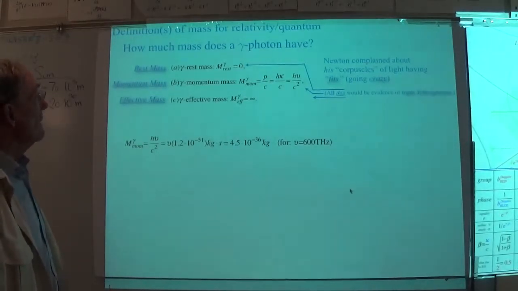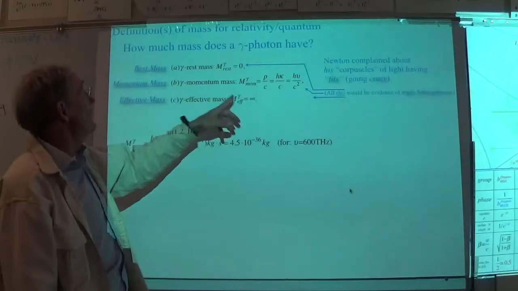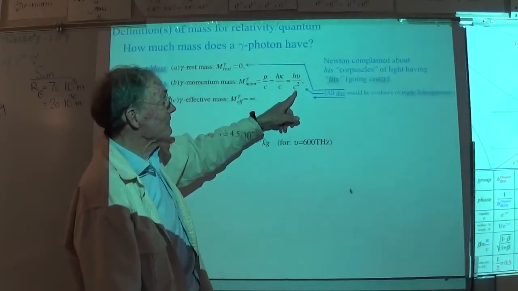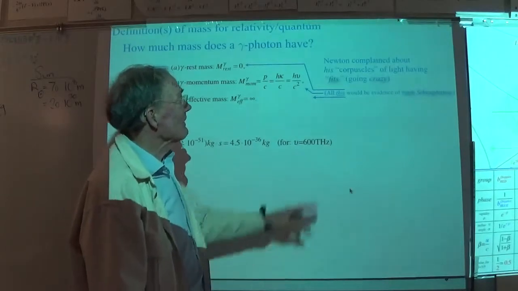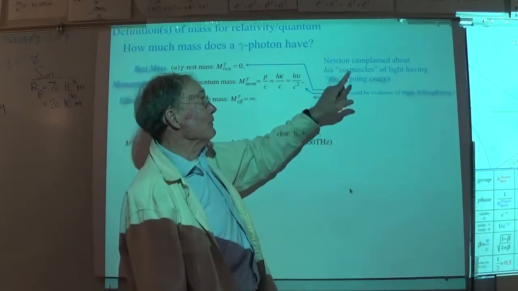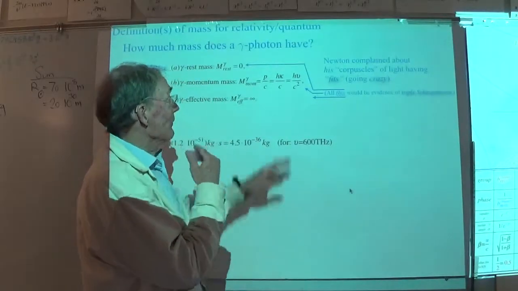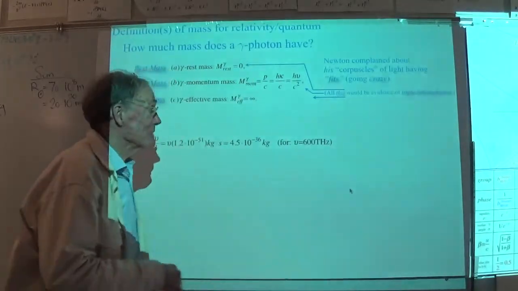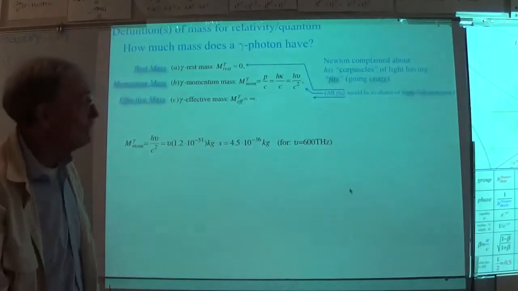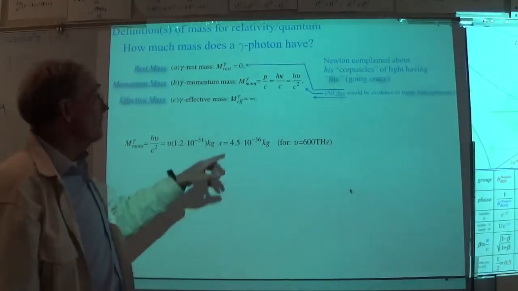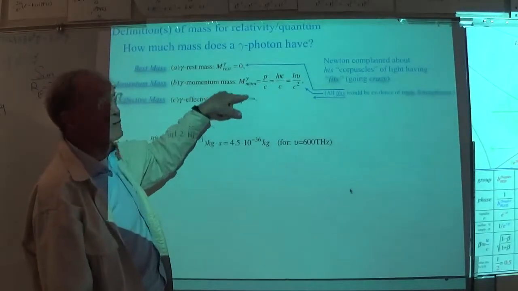Rest mass is that, effective mass is that. The momentum mass depends on the frequency. So if Newton complains about corpuscles having fits, that means going crazy. Well, this would be evidence of some pretty crazy stuff. Triple schizophrenia. Essentially, the photon can have any mass it wants from 0 to infinity.